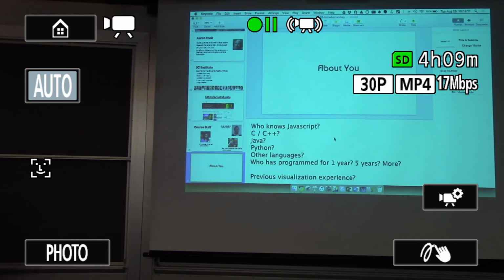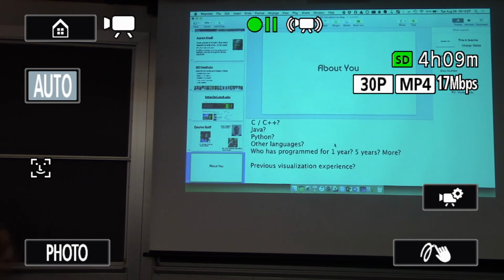Who has been programming for 1 year or less? Okay, a couple. 5 years or less? That's the majority, good. And more than 5 years? Great, so we have a skilled class. Any previous visualization experience? Okay, there is also a place for me, it seems. So great.